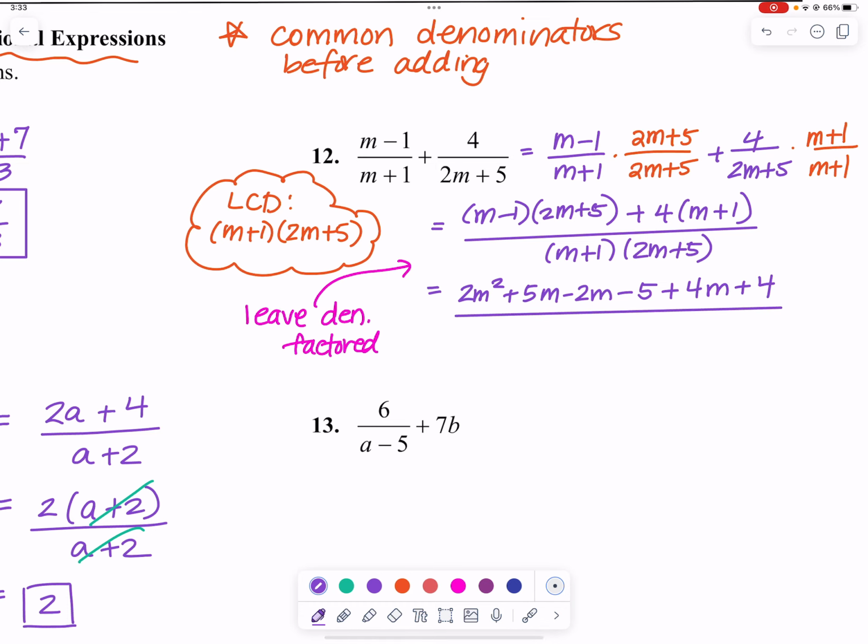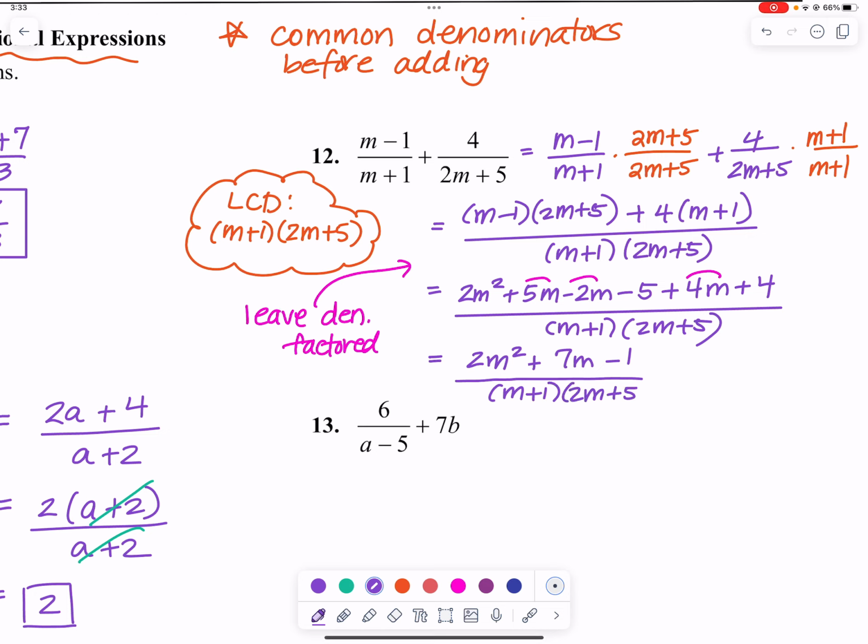And let's go ahead and simplify that numerator first. So here you can see we have 5m minus 2m plus 4m. So that's going to be 7m, so 2m squared plus 7m, and now we have a negative 1, all divided by m plus 1 multiplied by 2m plus 5.